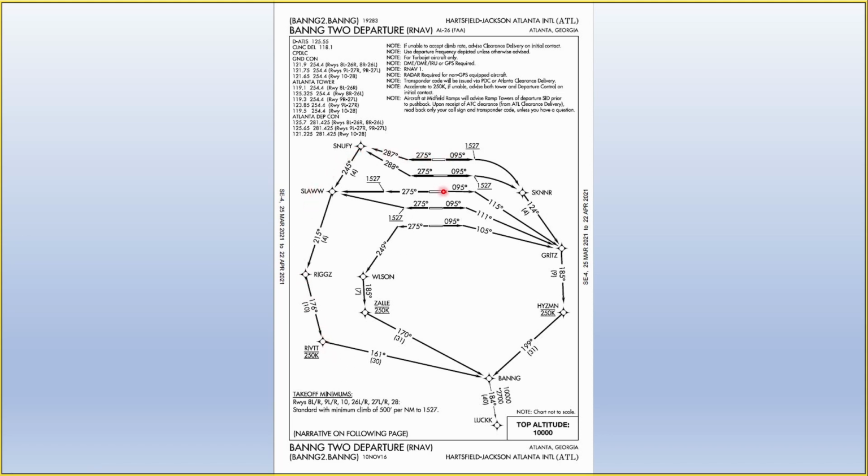If you're taking off of the center complex headed to the west, then there's another route that you fly. And if you're taking off the far south complex, there's another route that you're going to fly. And the same thing holds true if you're going east. There's 3 different routes, actually 2 different routes. The north has its own, and then the center and south complex have their own basically routes. But there's a lot of different ways you can go on this one departure, just depending on which runway you're using.